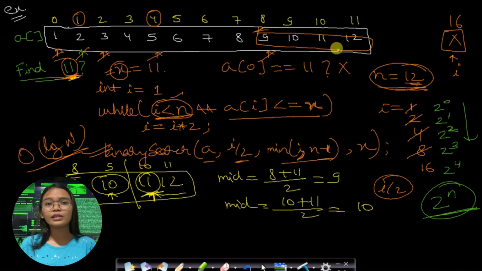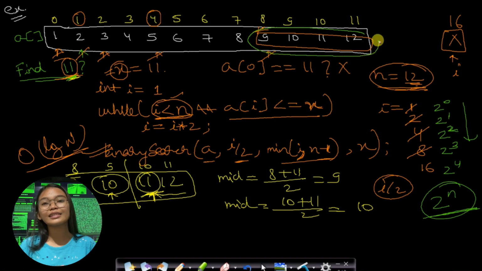And this increment is done in order to find the sub-array in which the element to be found will be present. In this case, we were finding the sub-array in which 11 will be present, and we found that 11, if it is present in the array, will be in the index range of 8 to 11.